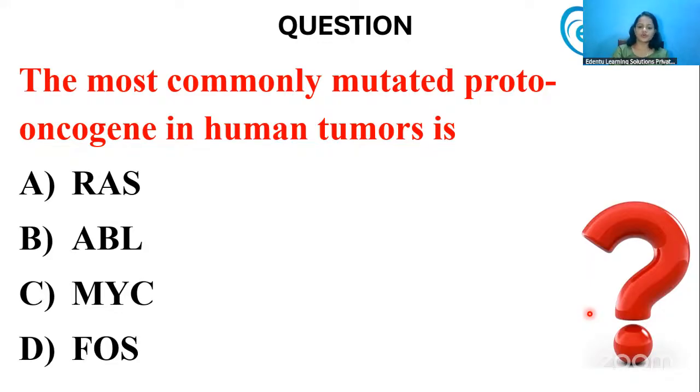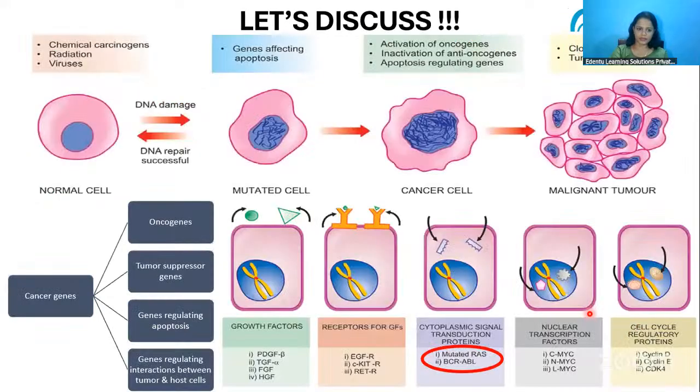Okay, so let's have a look at the genes that are involved in cancer formation. Mainly 4 types of genes are involved. One is proto-oncogenes or oncogenes.